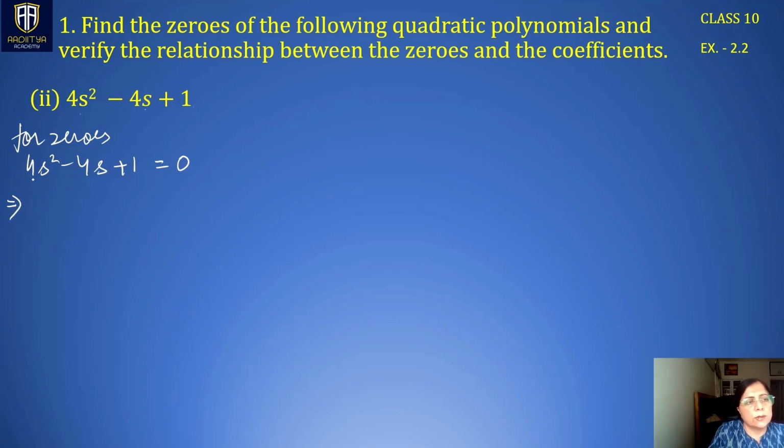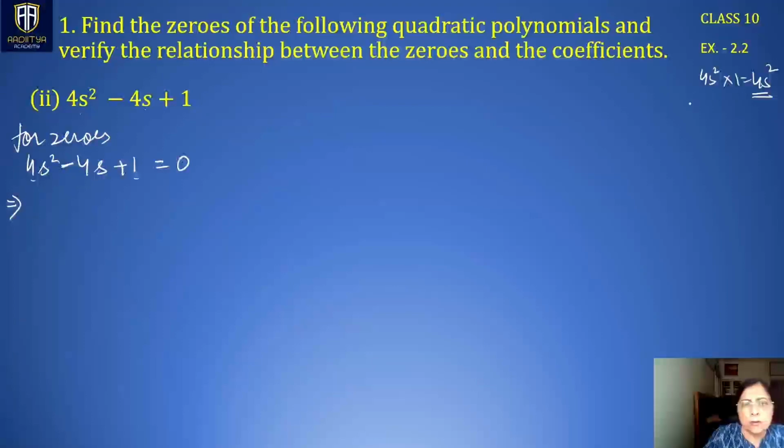That means we have to multiply the first term and the third term. So we have 4s square multiplied by 1 is 4s square. We have a positive product. Positive product means both the numbers are positive or both the numbers are negative. So here we have negative sum. That means the factors have to be negative so that we get negative sum.